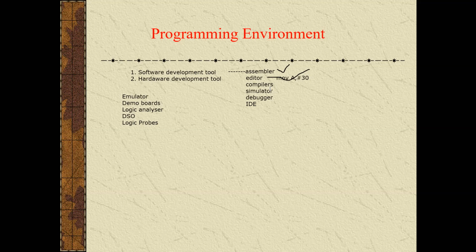So we write a program in the editor, the assembler reads those instructions and tries to find whether any syntax error is present, and it allows us to edit the program if any error is present.